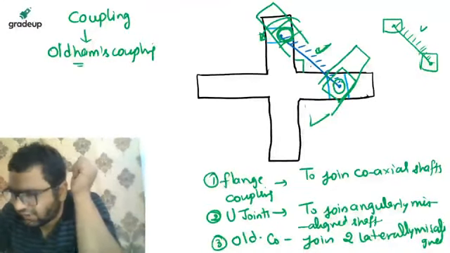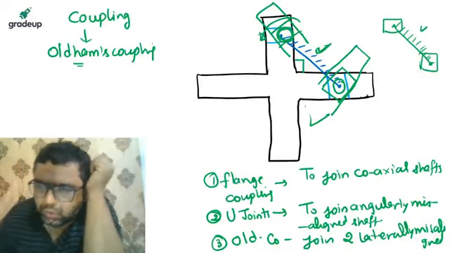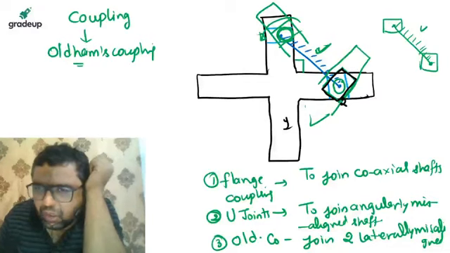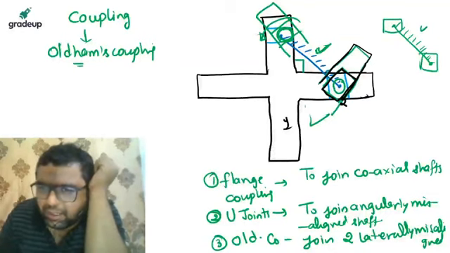Mani Selvan is asking that, sir, in Oldham coupling, giving rotation to link 2. My dear, this is link 1. Slider is link number 2. If you rotate this link, don't you feel that this slotted plate will also move? Without the motion of slotted plate, can you rotate the link number 2? It is not possible. And if this slotted plate is rotating like this, the other part of slotted plate will also rotate.